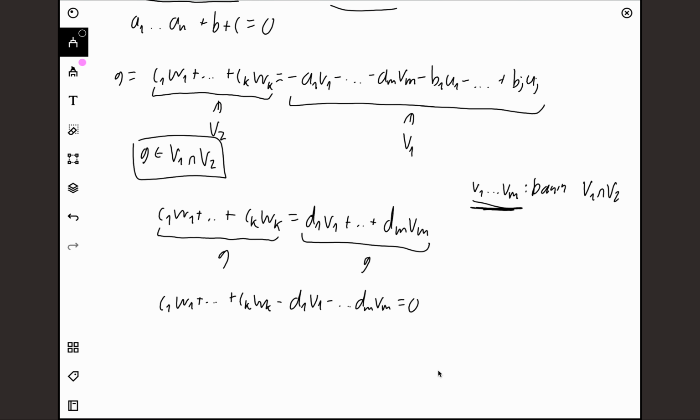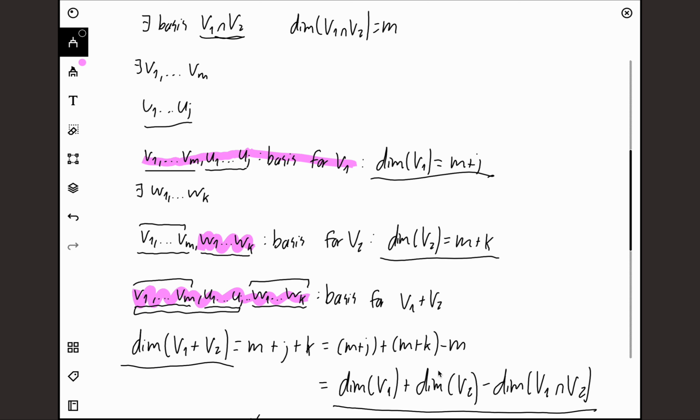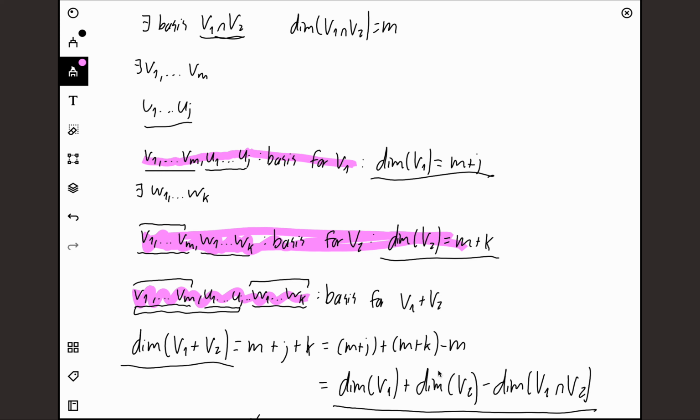But here the beautiful thing is that we have vectors W1 to WK and D1 to VM. As we saw before, vectors V and W make up a basis for V2. And if these vectors make up a basis for V2, that means they're linearly independent.